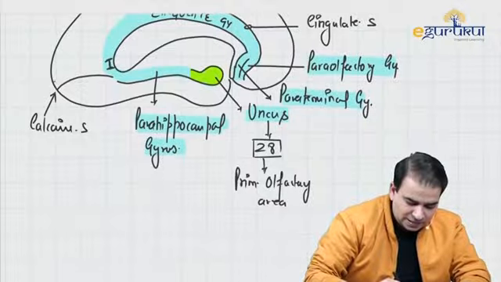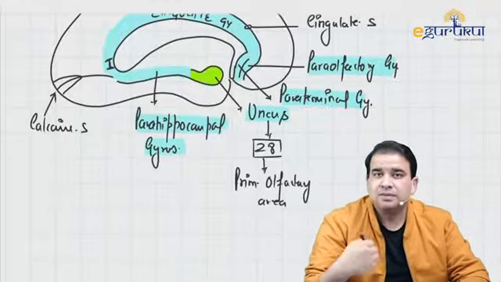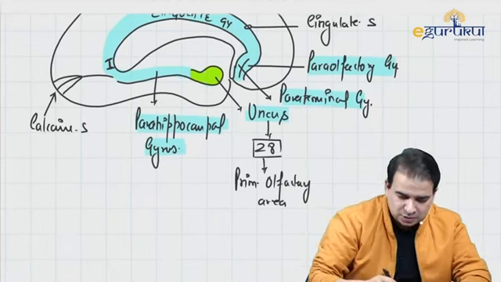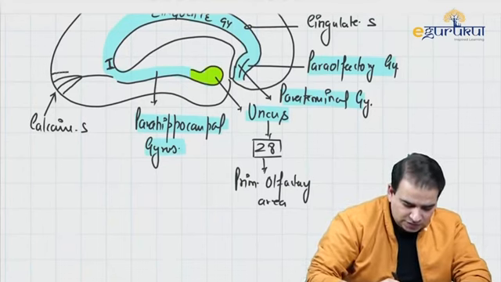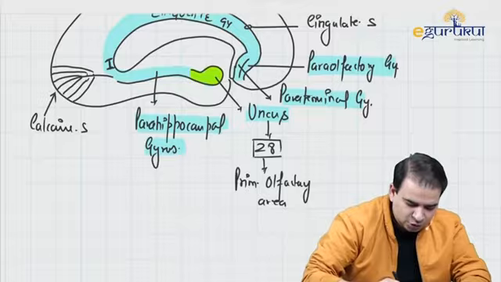Around the calcarine sulcus, what you will see, I hope you also remember that the posterior part of the calcarine sulcus was the example of axial sulcus. So that's why you will see all these important areas encircling it, that is, the visual cortex can be seen around it. So visual cortex is arranged something like this. You will see area number 17 in the core.